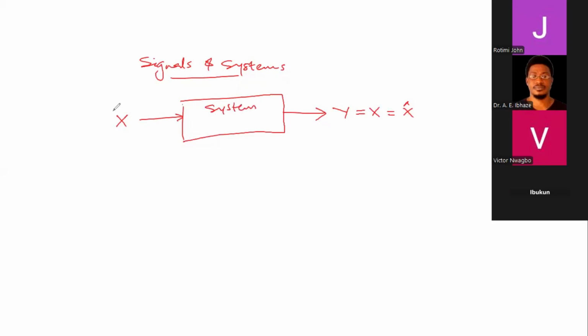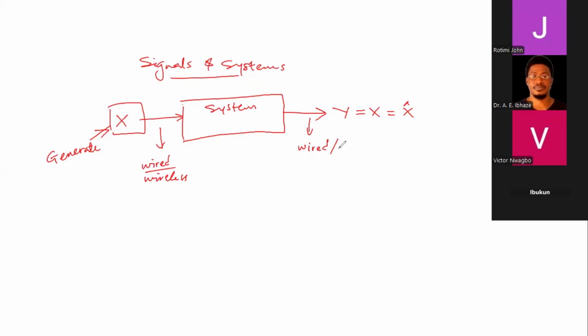Now, for us to have X, something is going to generate it before we send it over this link. And this link could either be wired or wireless, right? These are the media.